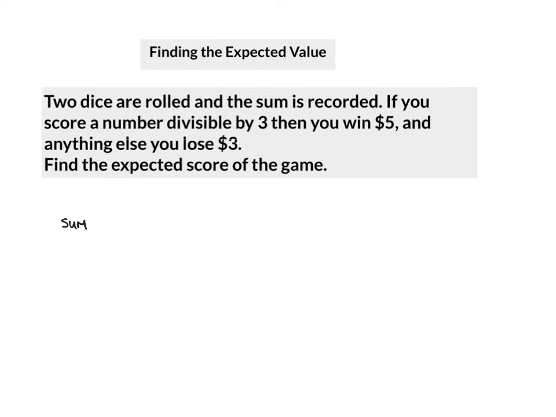of 2 dice could be 2, 3, 4, 5, 6, 7, 8, 9, all the way up to 12. If it's divisible by 3, so this one, this one, this one, and this one, then you win $5.